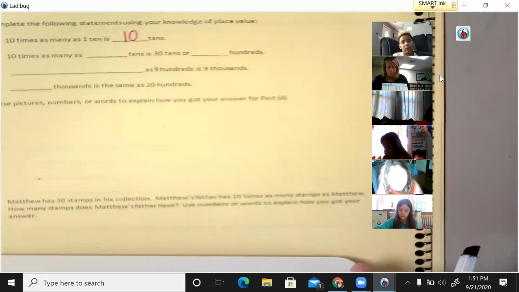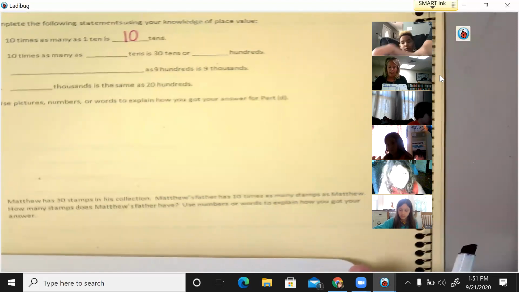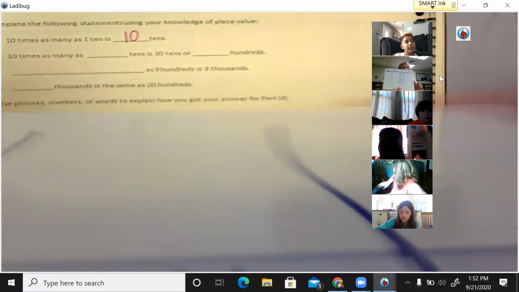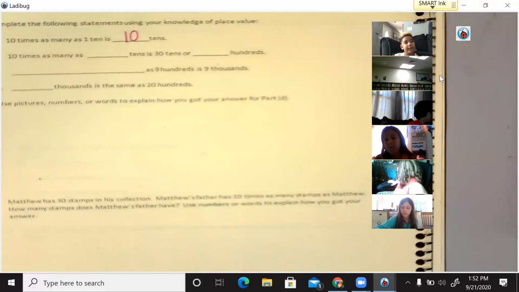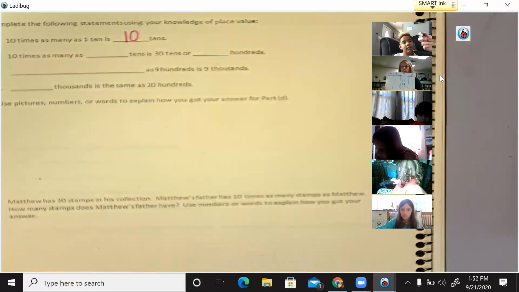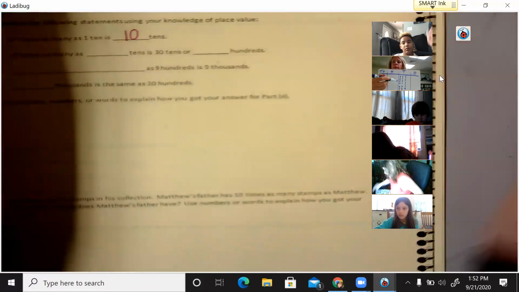Okay, so let's think about that. 10 times as many as how many tens is 30 tens, or how many hundreds? So what do you think for this one? How many tens did I originally have to start with before I could get 30 tens?